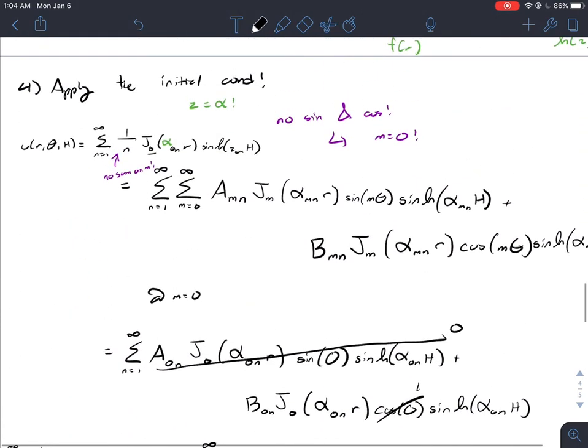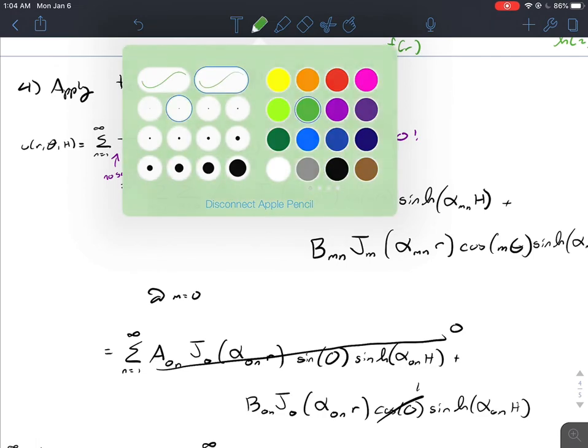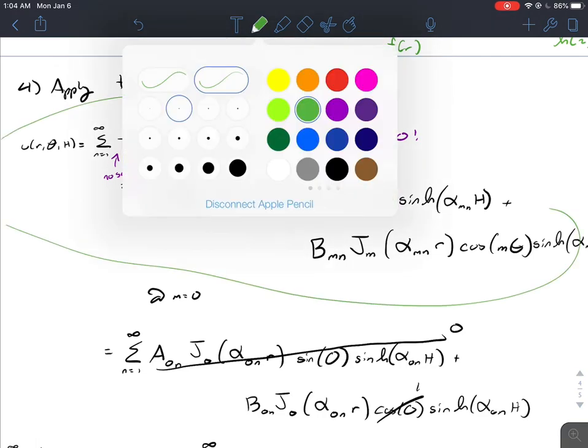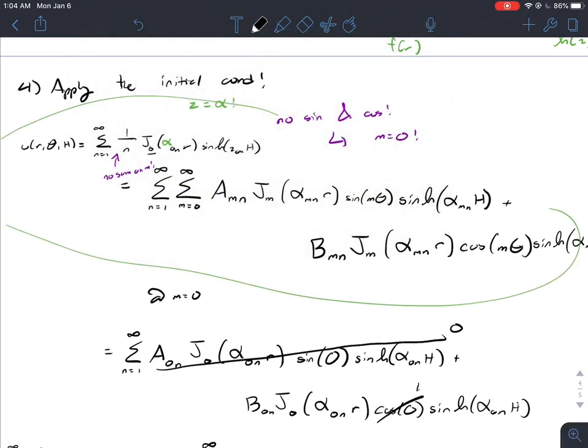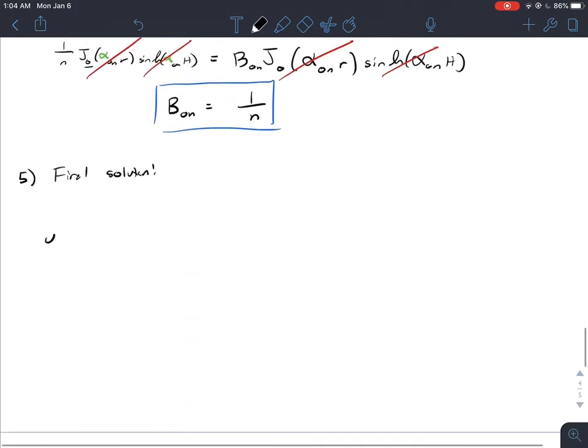Remember that our general solution looked like this big thing over here that I'm about to circle in green. This was our general solution. But now we only have BMN terms, and we know the specific m values for that BMN term. So let's write it out. u of r, theta, z is going to be equal to, we have to make sure we have our summation here, since we don't know which n we're looking at, so the summation n equals 1 to infinity of 1 over n.